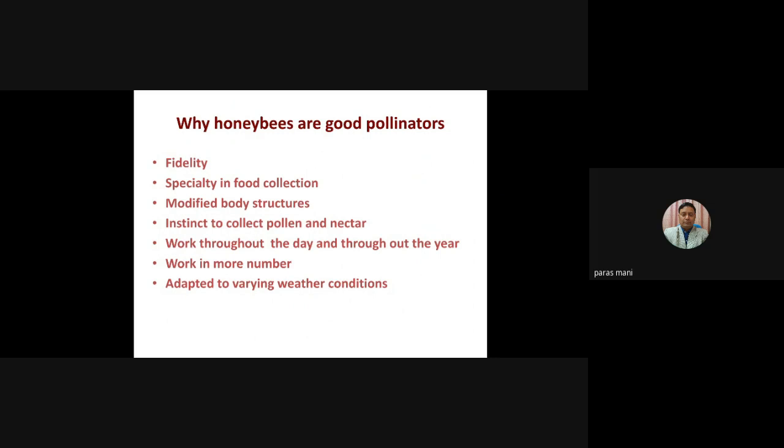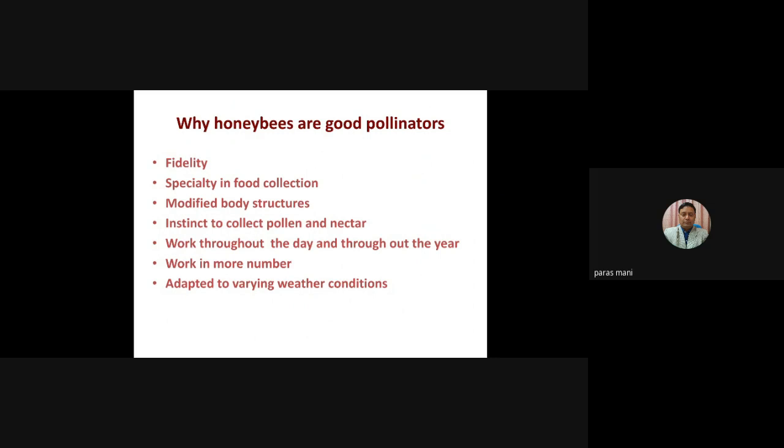Specialty in food collection. The way the honeybee collects food, the pollen grains are collected on its body, and when it attempts to collect the nectar on the next flower, automatically the pollen grains are deposited on the female part.